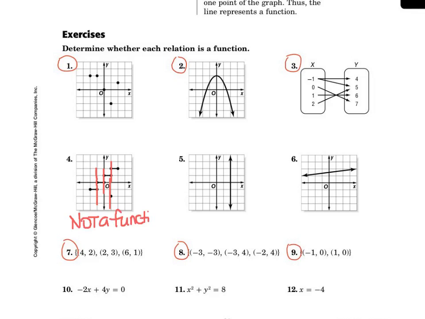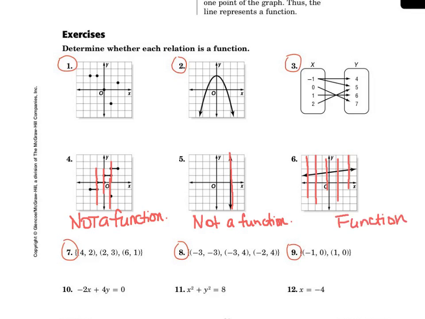Okay, we're being asked whether it's a function or not. Number 5 is a vertical line, so if I draw a vertical line, I'm hitting every single point on the function. So obviously, this is not a function either. Not a function. For number 6, no matter where I draw a vertical line, I only hit one point on my function. So this is a function.